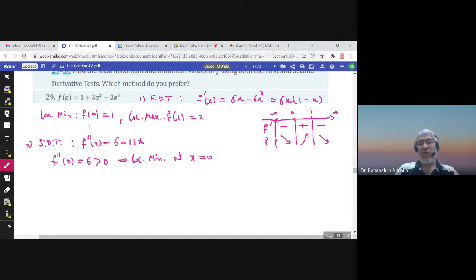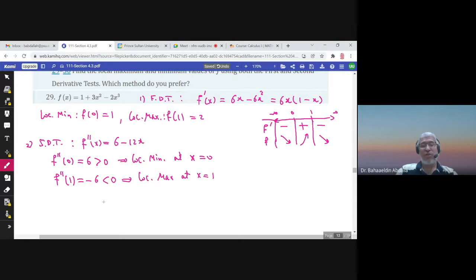And this is correct. We found that f of 0, which is 1, is the local minimum. And for f double prime of 1, I replace x by 1. So I have 6 minus 12. This is negative 6, and this is less than 0. So I have a local maximum because the second derivative is less than 0 at x equals 1, which is also correct because f of 1, which is 2, is the local maximum.